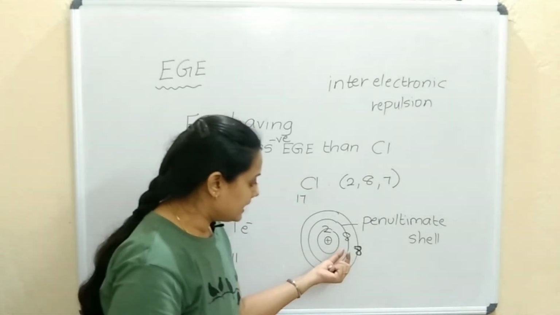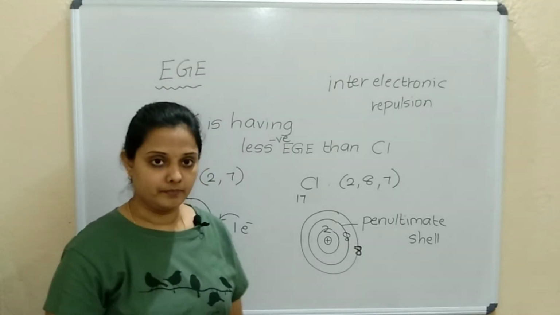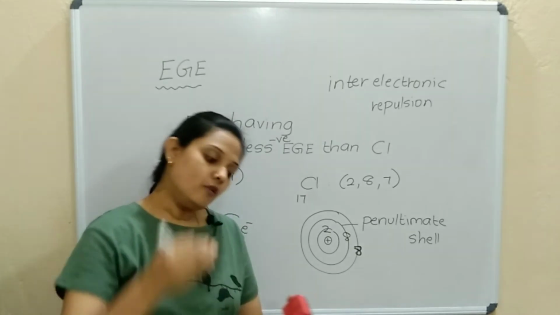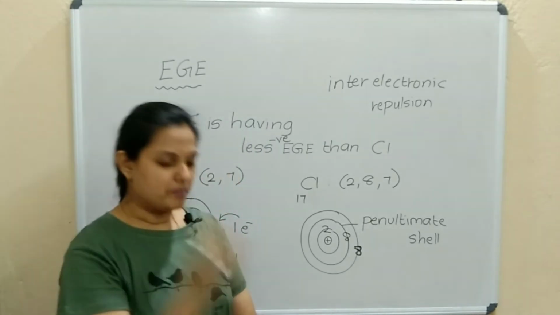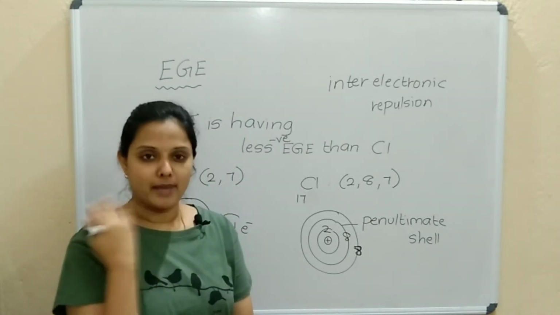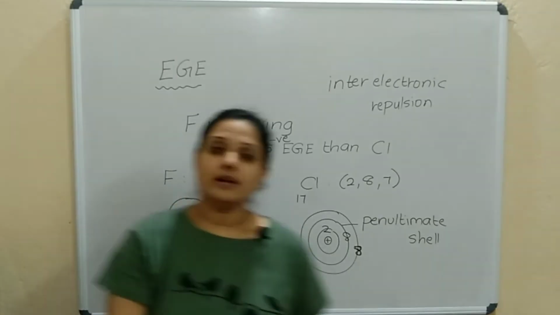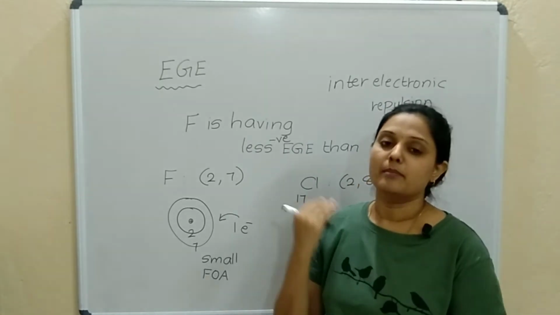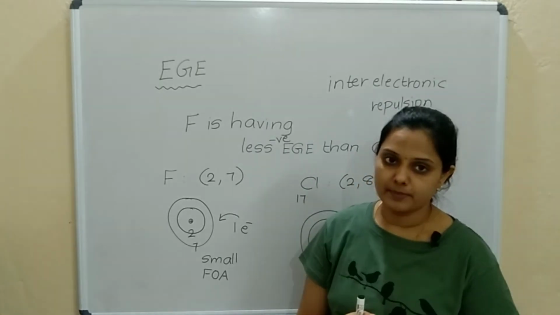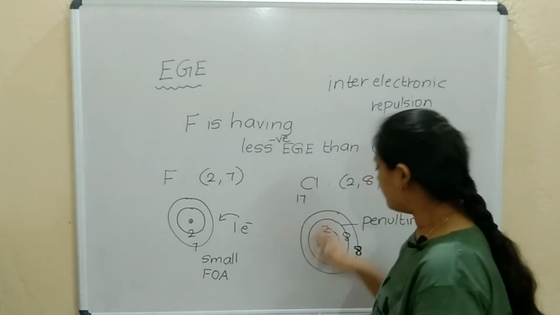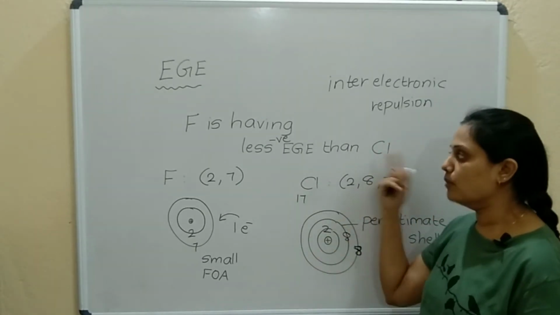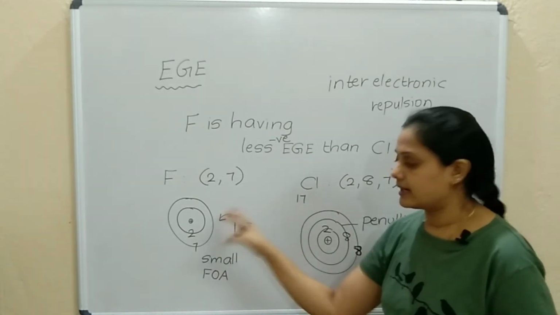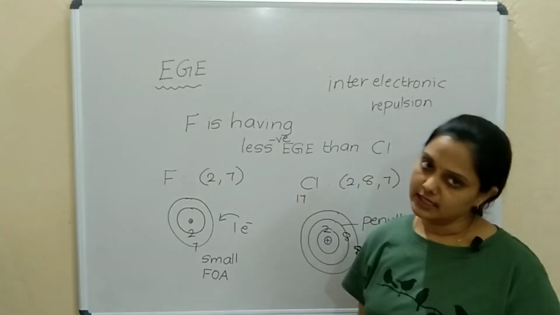Right? So if the electrons are repelling, but you want to add 1 electron also, it is coming back, repelled, bouncing back. So more energy will be needed to add that electron because repulsion is happening. So the EGE value for chlorine is more than fluorine. In case of fluorine, it is strongly attracted by the nucleus, less energy needed.